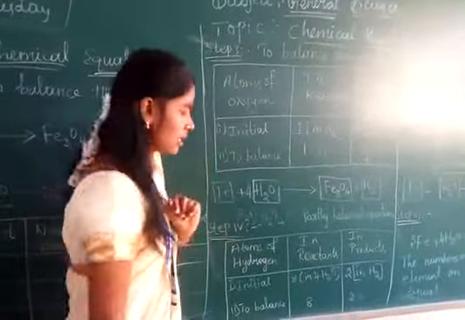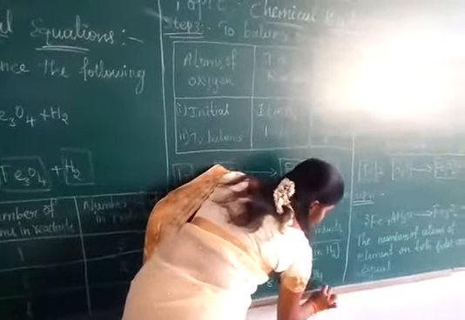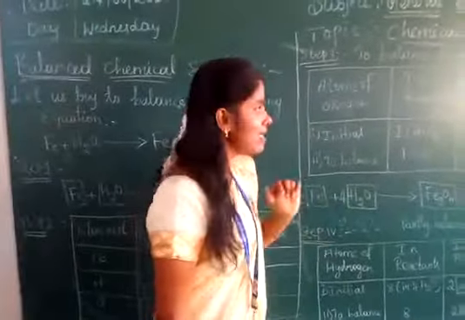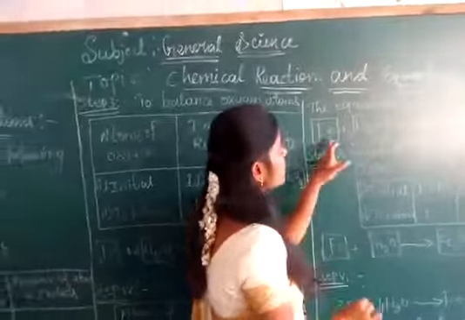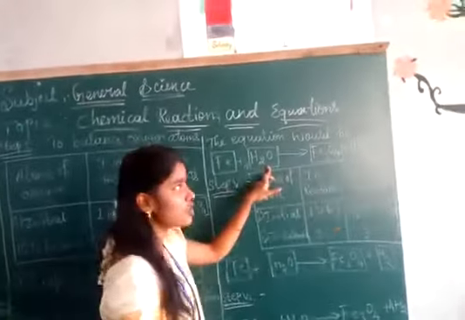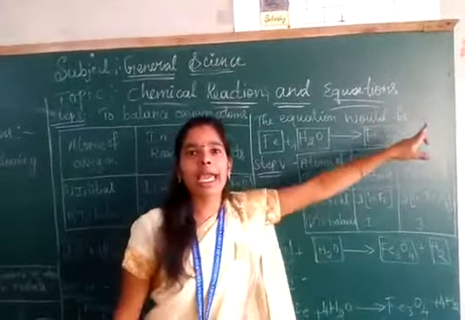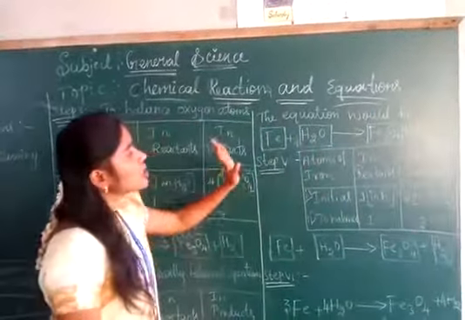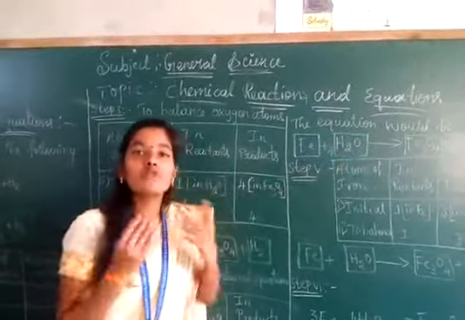Only 2. So we have to change here. We want to multiply with 4, so 4 twos are 8. Here you have to write 4. Now hydrogen is also balanced. Oxygen is also balanced. Which one is left?